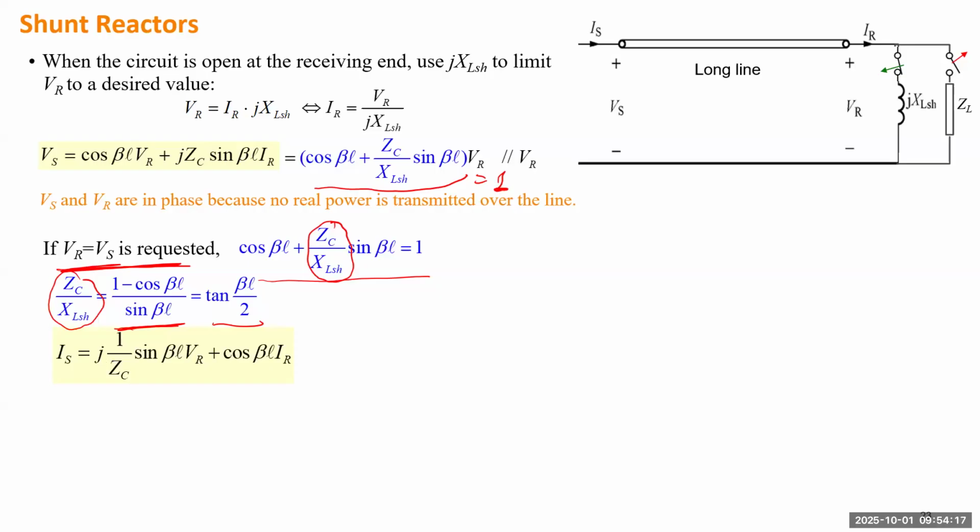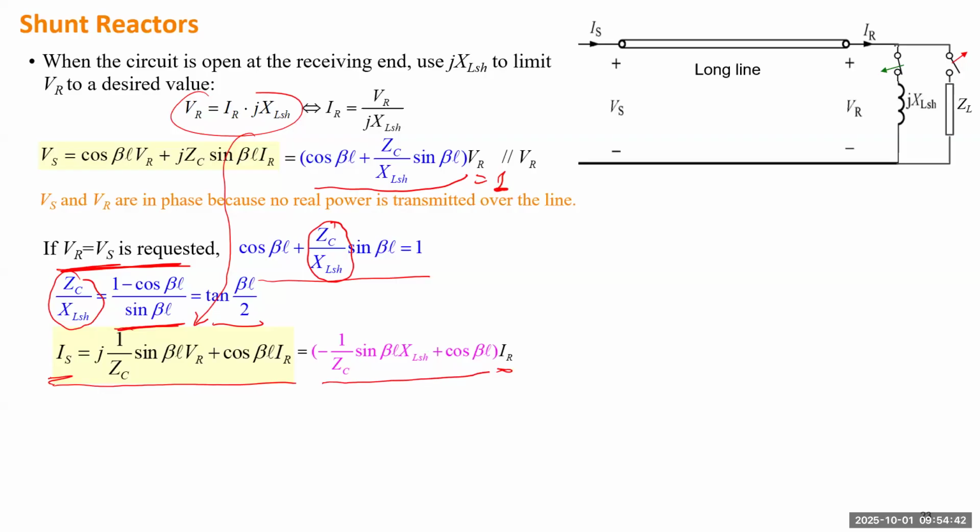And then we go to the current formula. The source current is equal to an expression about the load voltage and current. And in this case, we plug in the formula for VR. We want to get the expression only about current.